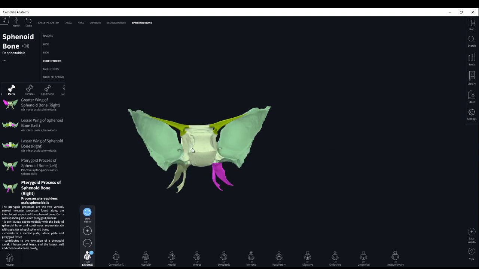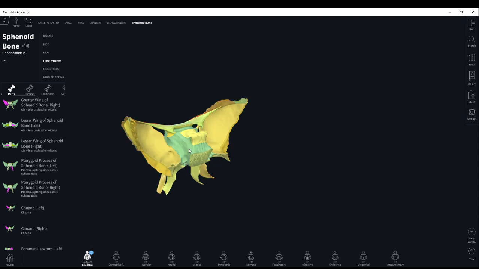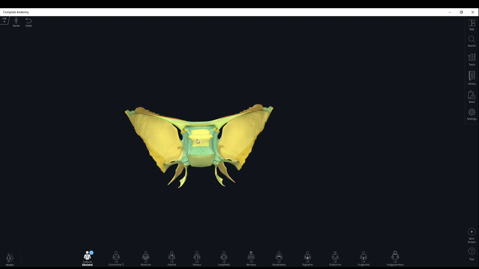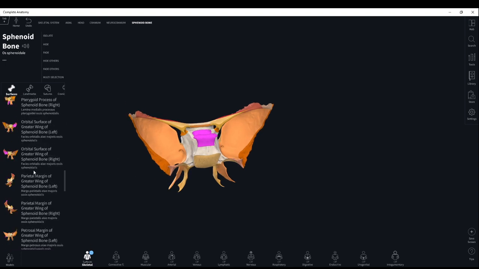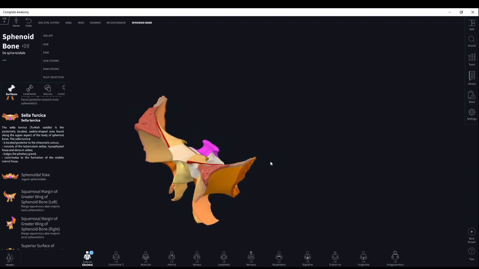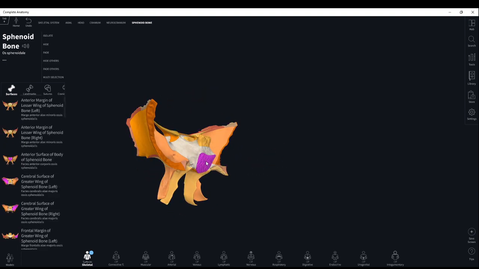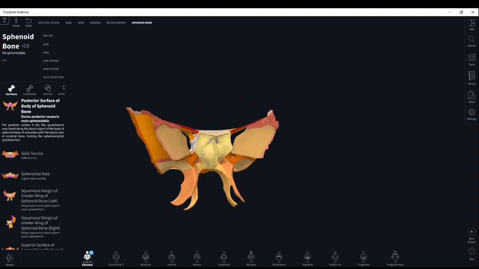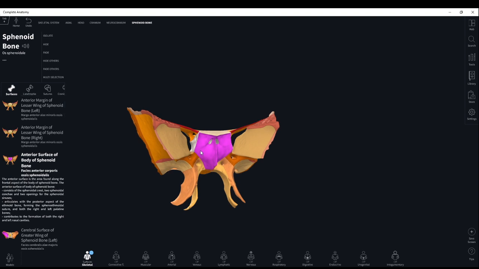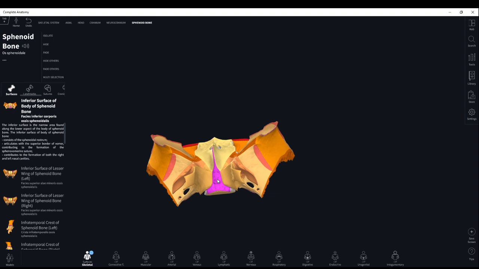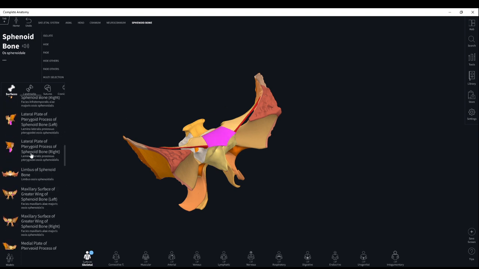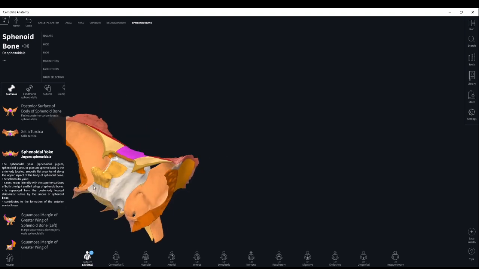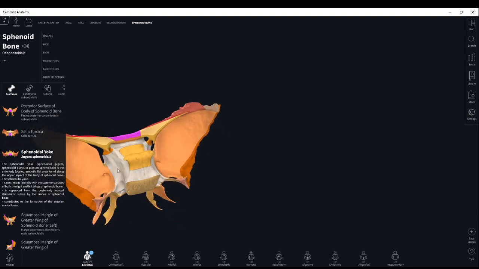Surfaces of the sphenoidal bone. The body has a superior surface, which is present in the sella turcica, posterior surface, anterior surface of the sphenoidal bone, inferior surface, and some small amount of the lateral aspect of the body.